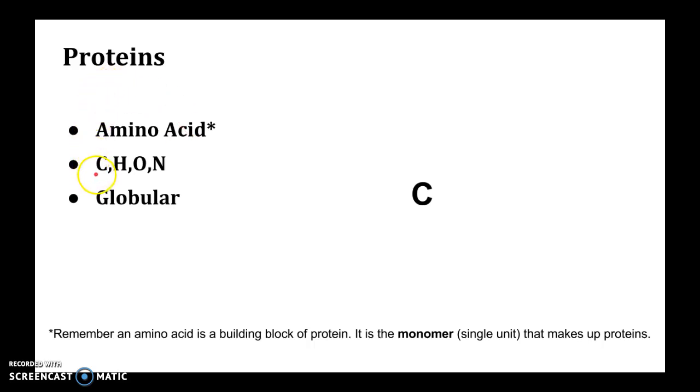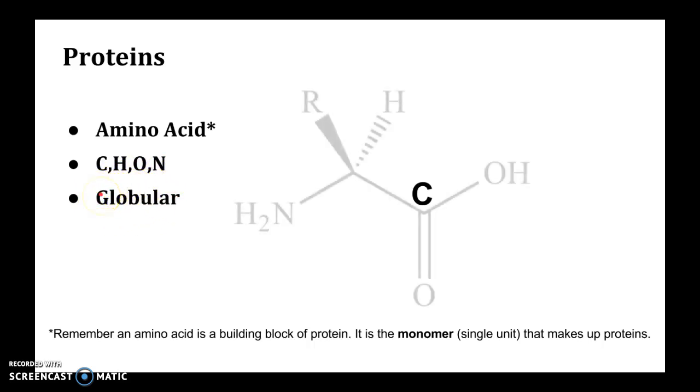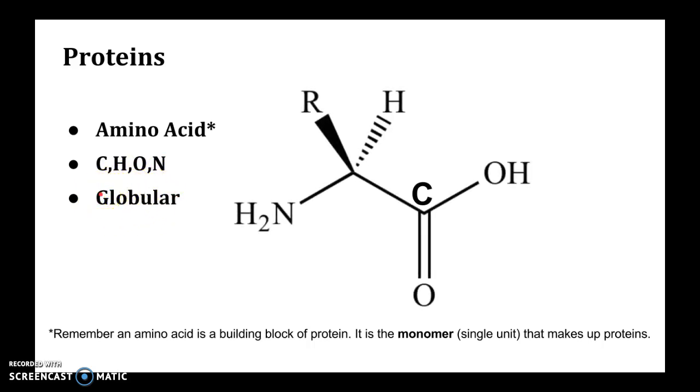One way that we identify a protein molecule is by its characteristic carbon, hydrogen, oxygen, and nitrogen elements. And it is globular in shape. We'll talk about that in a moment. Here is an image of a protein molecule.